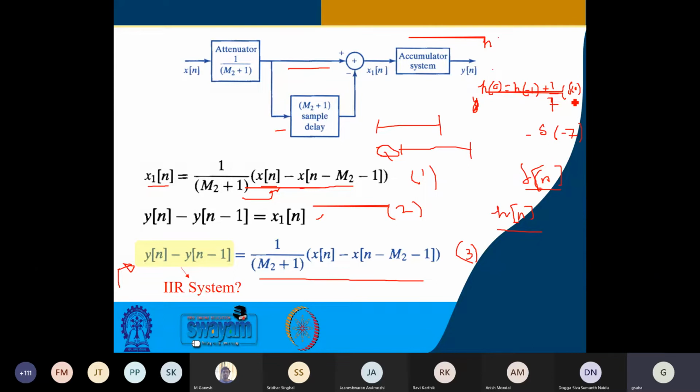So del 0 is 1 and del minus 7 is 0, from the definition of del. So h0 is equal to 1 upon 7 only.